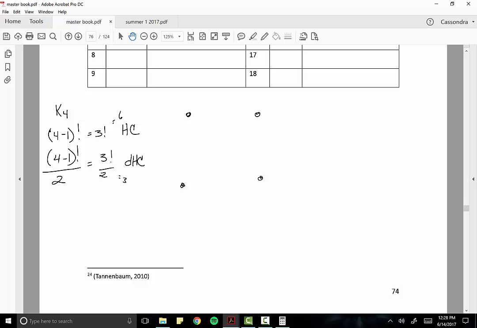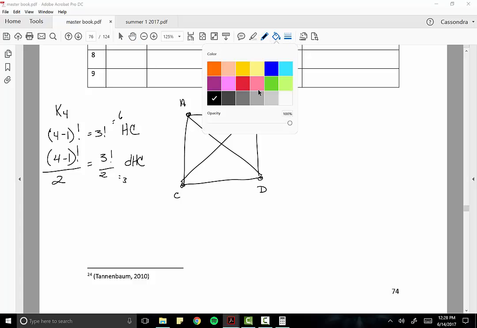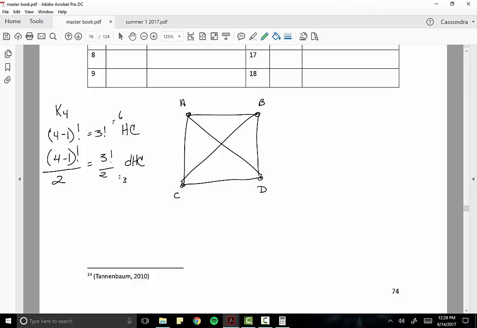Now I'm going to show you the difference in these by doing it in a nice small example. I would do it in 3, but I don't think that 3 is enough to show you.